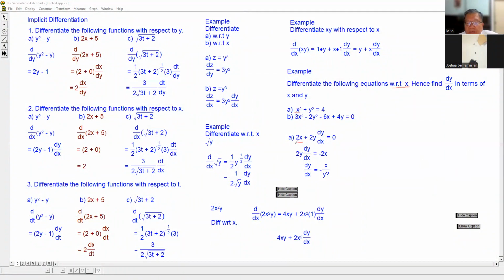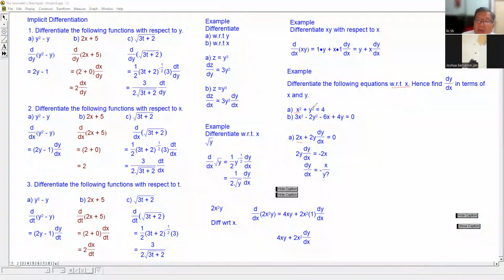Do I need to put down dy dx behind here? No. Why no? Because we are differentiating x with respect to x, no need to add another term behind.